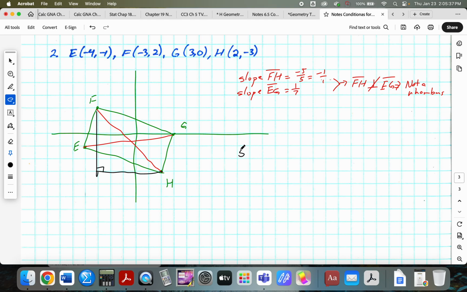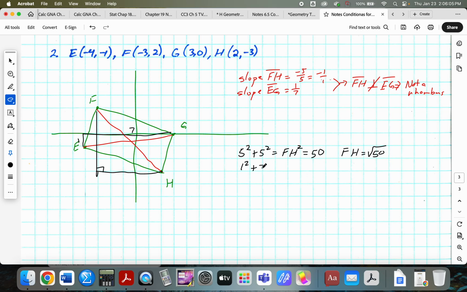So we're going to have 5 squared plus 5 squared is FH squared. So that's 25 plus 25 is 50. So FH is the square root of 50. For EG, if you want to draw it in, you can, but we already know that's 1 and this is 7.